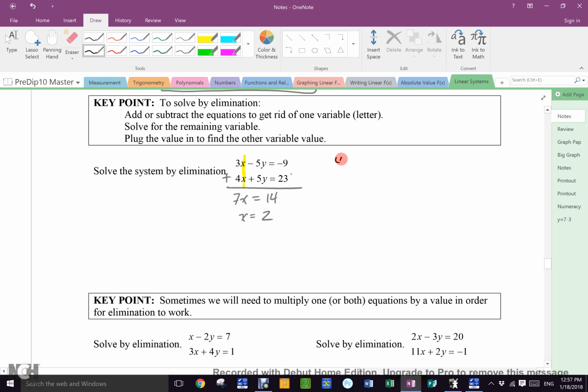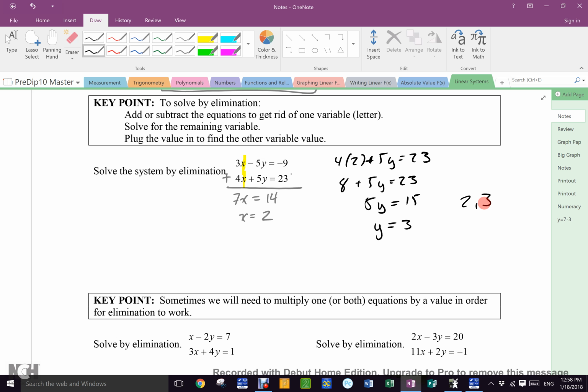So, 4 times 2 plus 5y equals 23. 8 plus 5y equals 23. 5y equals 15. Y equals 3. What now is my ordered pair? 2, 3. Am I doing this right? You'll check.